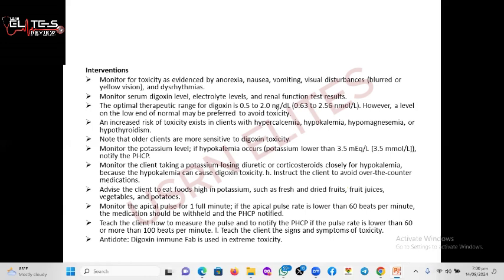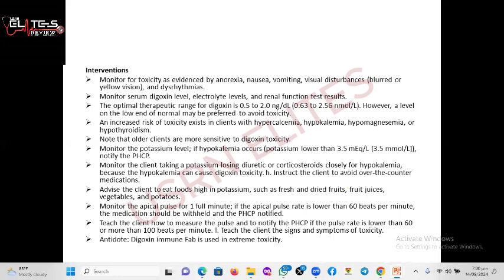So when it comes to the therapeutic level for digoxin, we want to see the serum level between 0.5 to 2.0. Don't worry yourself a lot about the unit attached to it, but know the actual value.